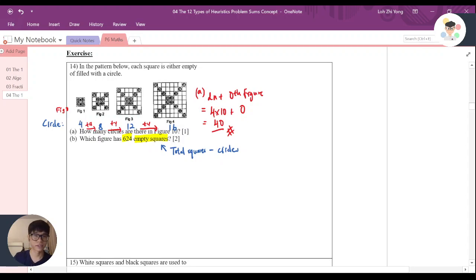So if we look at this, let's try to figure out how many squares we have here. So for figure 1, I know I have 2 times 2, I have 4. Look at here, let me just highlight here for you. As you can see, here is 2, here is 2, so it's 4. Now for figure 2, here is 4, here is 4. So that gives us 16.